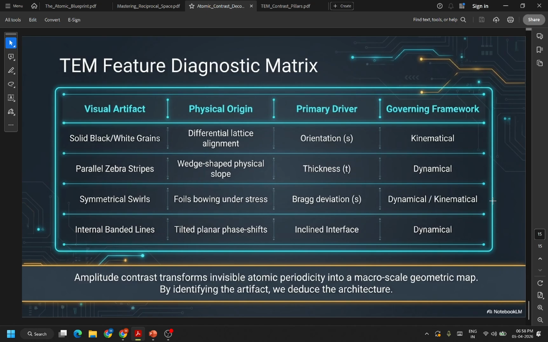So if we are seeing solid black and white grains, it comes from differential lattice alignment, and it's driven by orientation, and the governing framework is kinematical. If you are seeing parallel zebra stripes, it is coming from a wedge-shaped physical slope, which is due to thickness change, and it is governed by the dynamical framework.